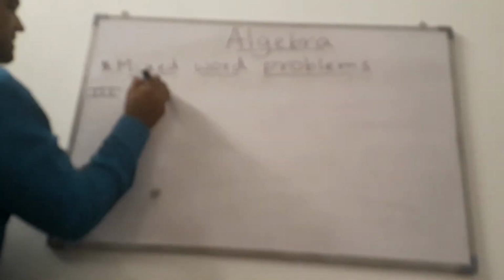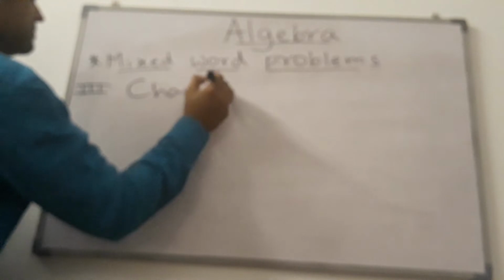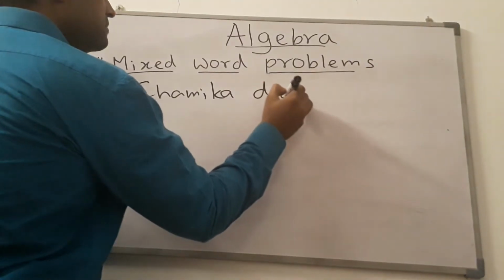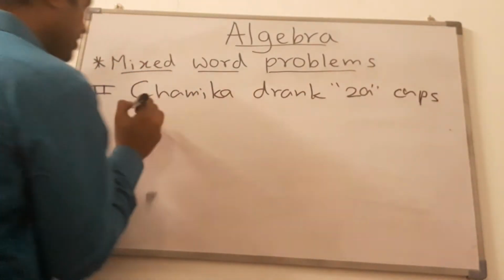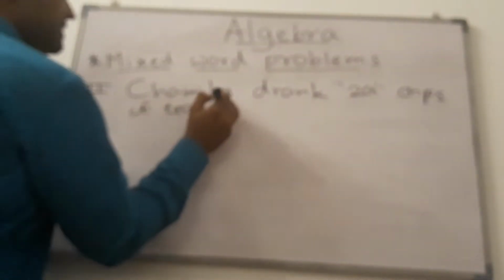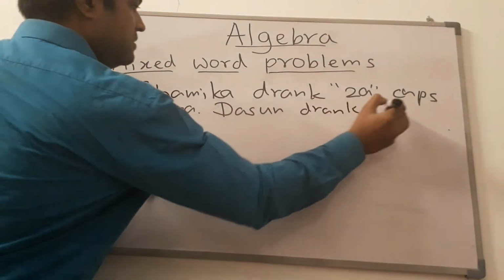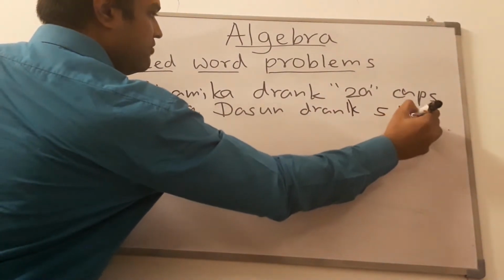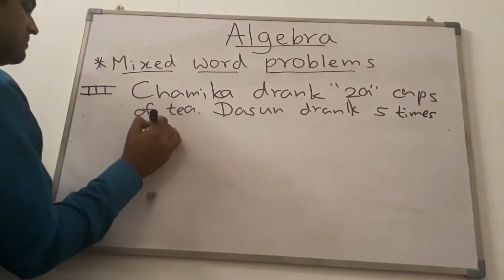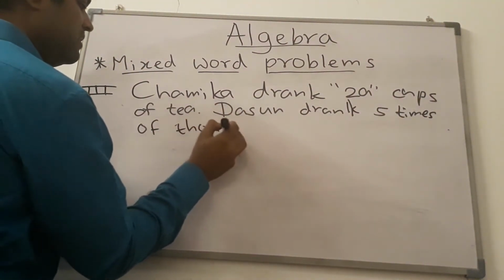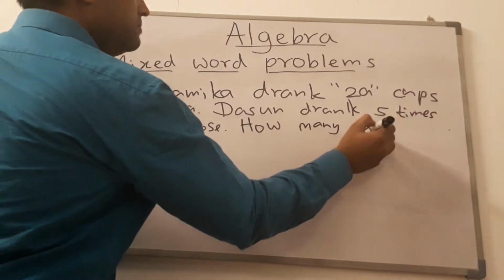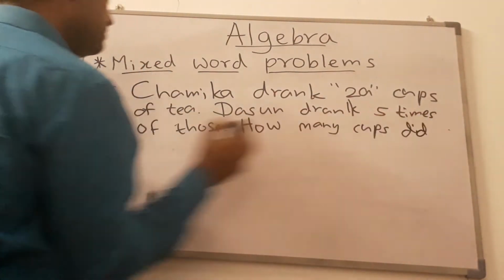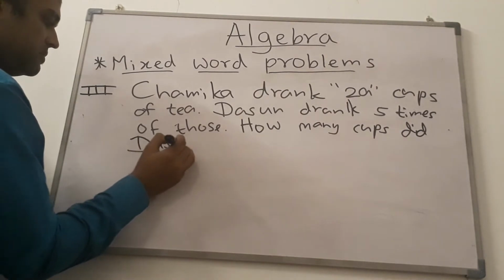Next example is Chamika drank 2A cups of tea. Dasun drank 5 times of those. How many cups did Dasun drink?